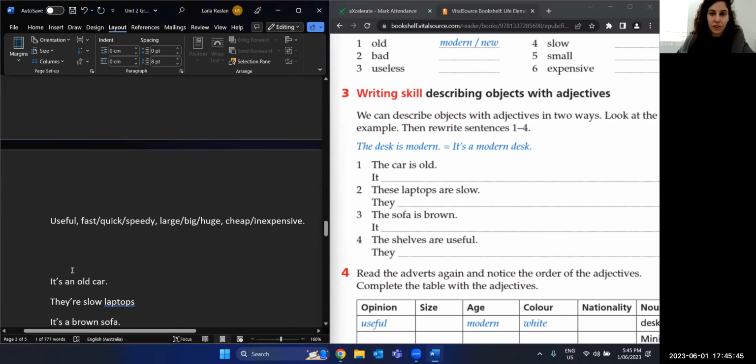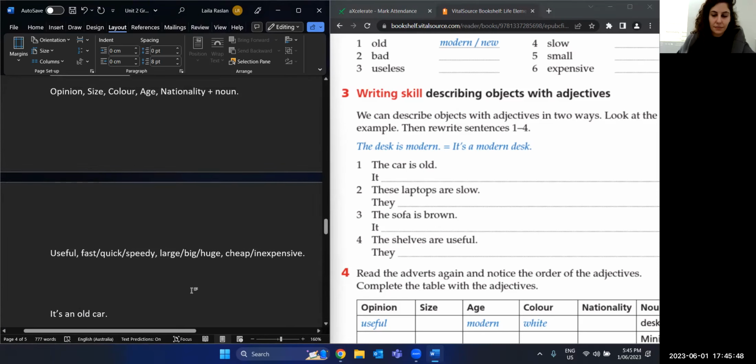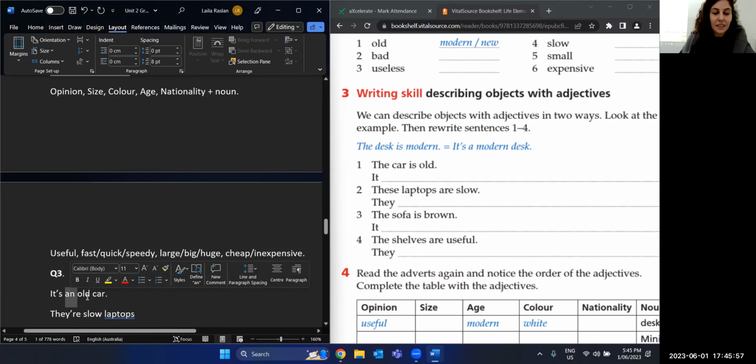It's an old car. Yep. It's an old car. It's an because we know that the adjective is old and the noun is car. So when you put an indefinite article, a or an, because the next word is a vowel, A-E-I-O-U, it must be an.